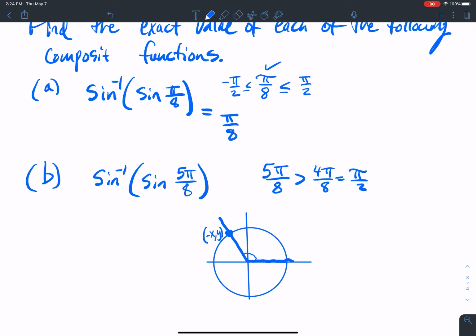So this angle here is 5 pi over 8. So what are we actually doing here? Well, sine inverse of sine theta is equal to theta.